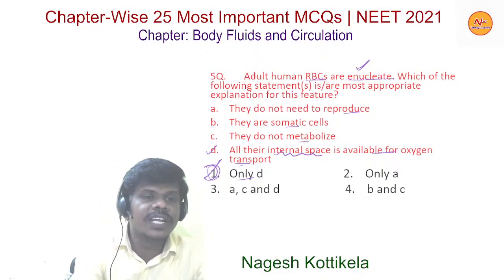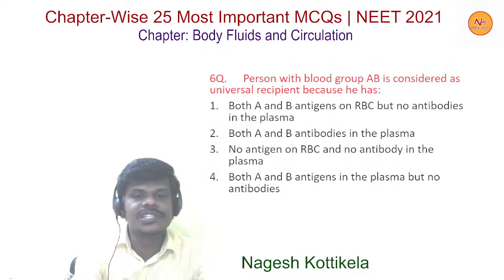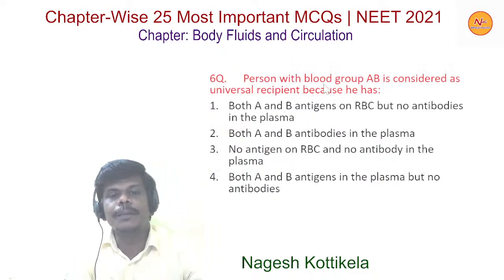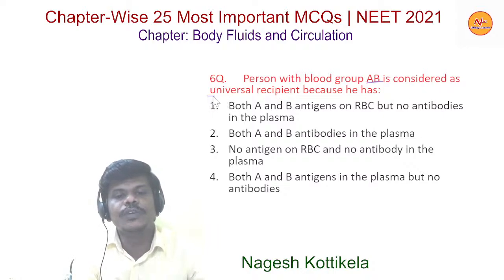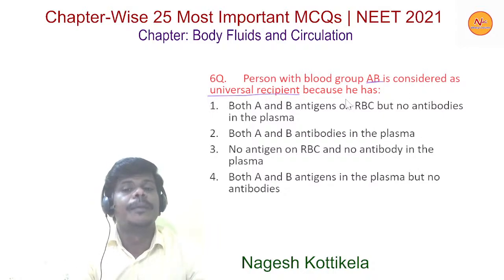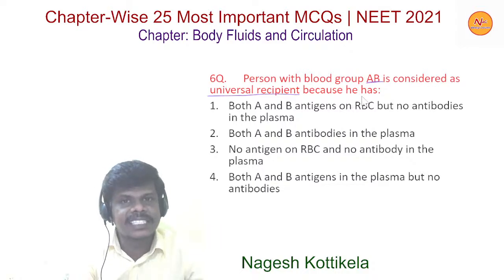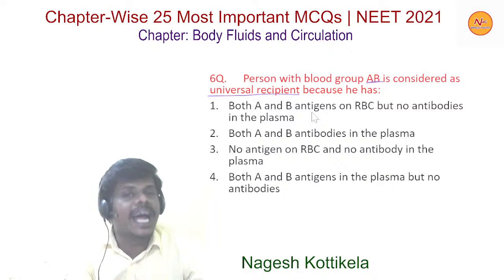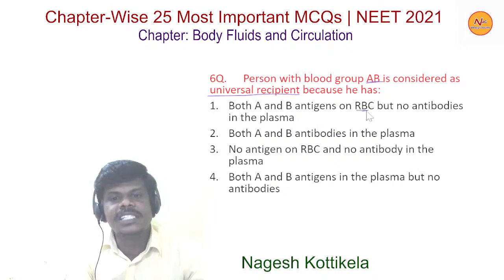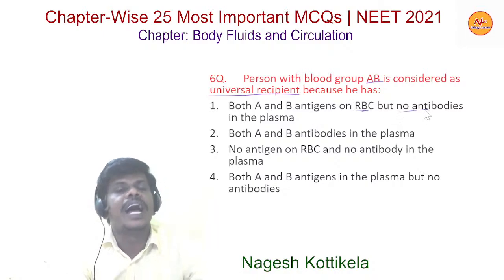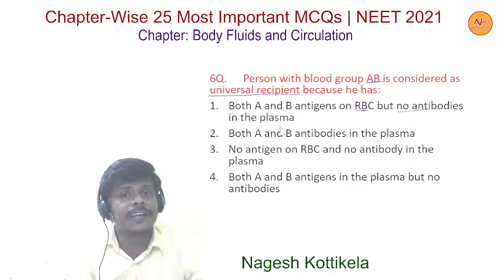Now, moving to the next question after this is, person with blood group AB is considered as universal recipient because he has option 1 both A and B antigens on RBC but no antibodies in the plasma.